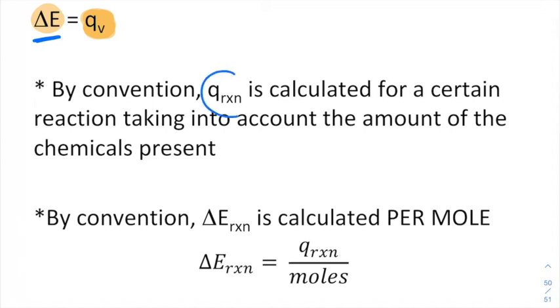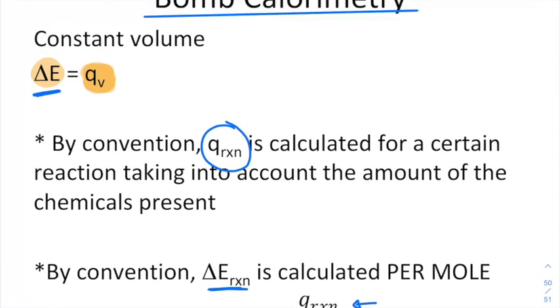So again, Q depends on how much stuff is in there, but delta E does not. By convention, when we do delta E, we take the Q of a reaction and we divide it by the moles. So when we talk about delta E, it is always heat per mole. So this is what we'll be doing for the calorimeter. So I'm going to make a note here that this is sort of background.